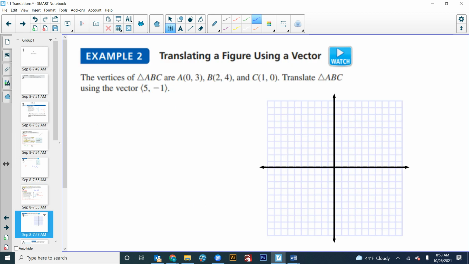This is actually pretty easy. So the vertices of triangle ABC are (0, 3), (2, 4), and (1, 0). We're going to graph those first. Make sure you're labeling them. Some of us get in bad habits of not labeling the points. (0, 3) is right here. That's A. B is (2, 4): 2 over, 1, 2, 3, 4 up.